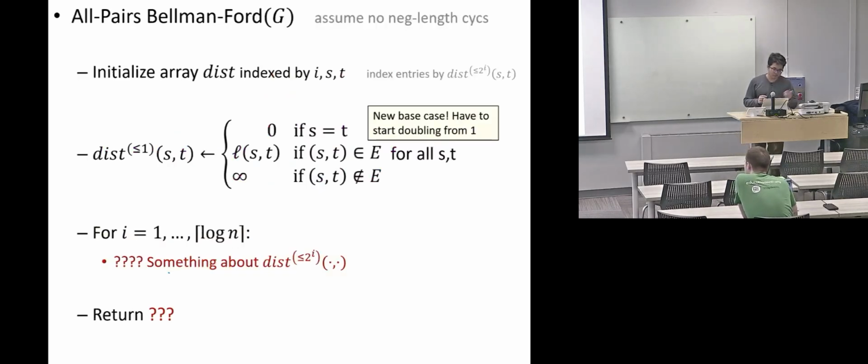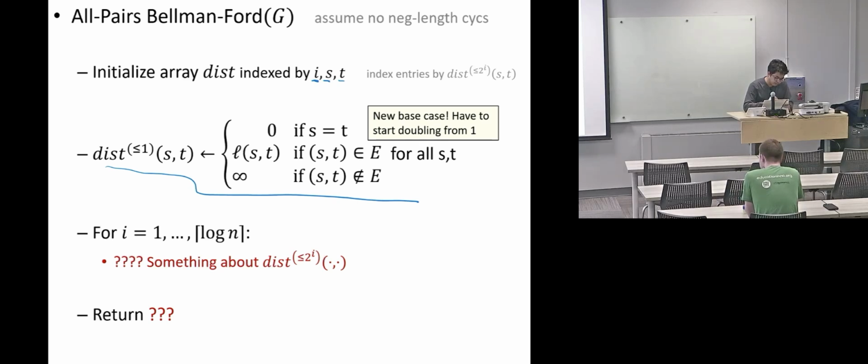Okay, so now we have the subproblem for all i, s, and t. We fill in the base case here, which is when you use at most 1 hop, and this is something trivial you can fill in. I will not go through this.